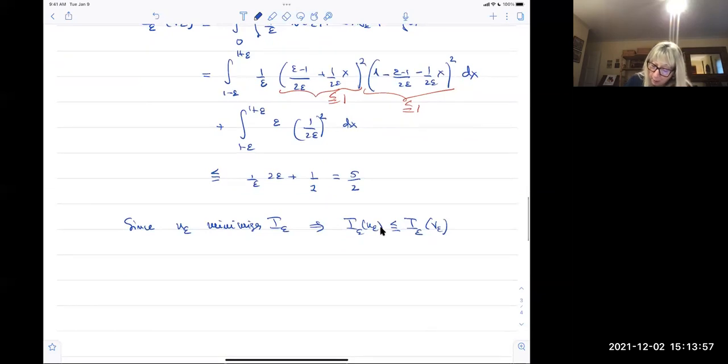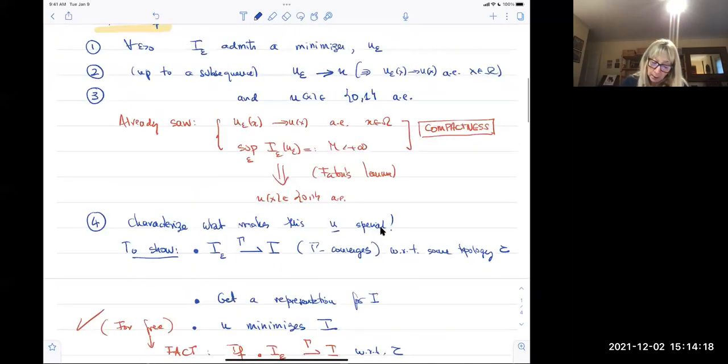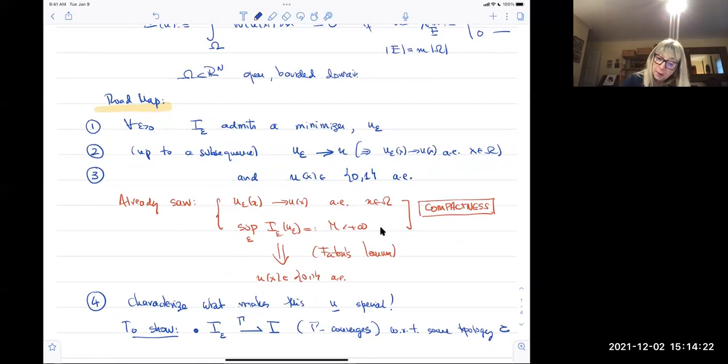And so bottom line, the sup over epsilon of the I epsilons, which is what I call M, is at most 5/2, which doesn't matter what it is, but it's finite. Okay, and that proves what I wanted. Right, so that proves this part, that proves this part here of the compactness.